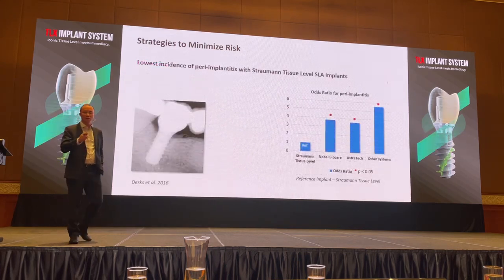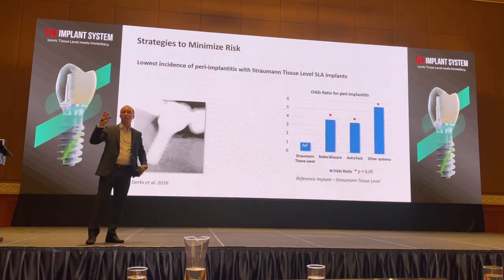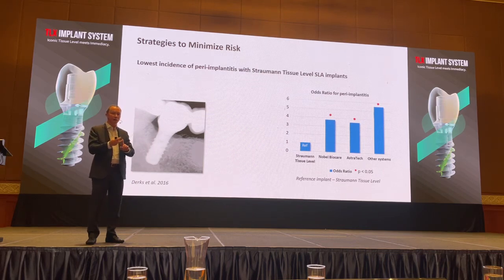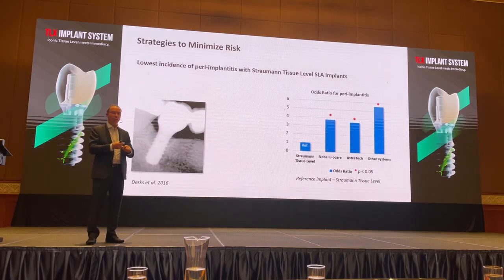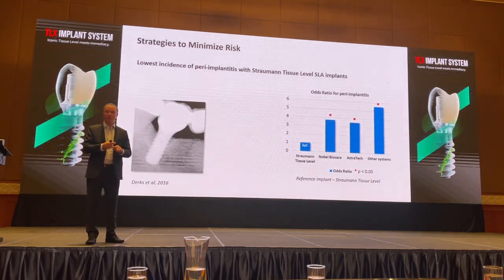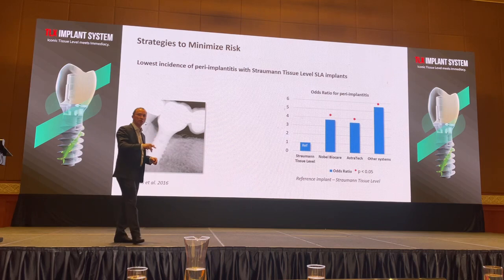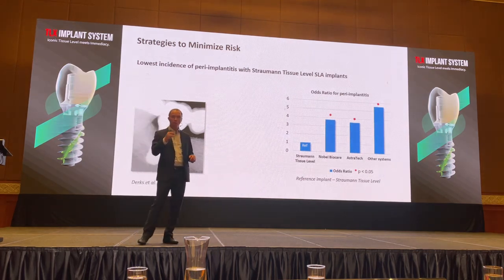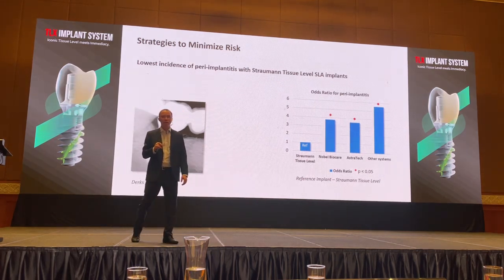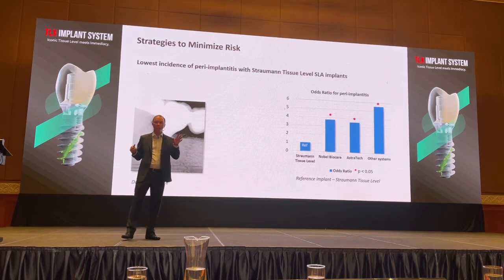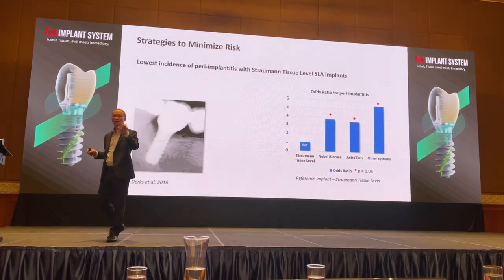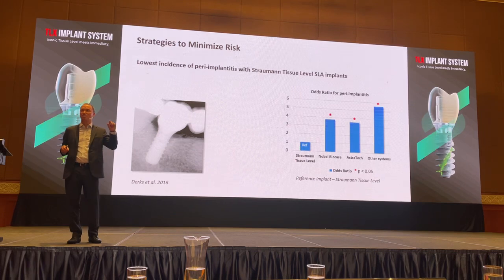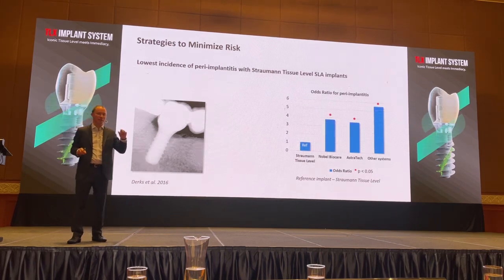And when they looked at the different implant systems, the three major ones, and don't forget these are implants provided by the Swedish social system. Patients get their implants for free in Sweden. And therefore there is a reporting register. As a surgeon, you must report complications. So of all the complications, the Straumann tissue level implant with the SLA has the lowest incidence of periimplantitis, 0.5%.